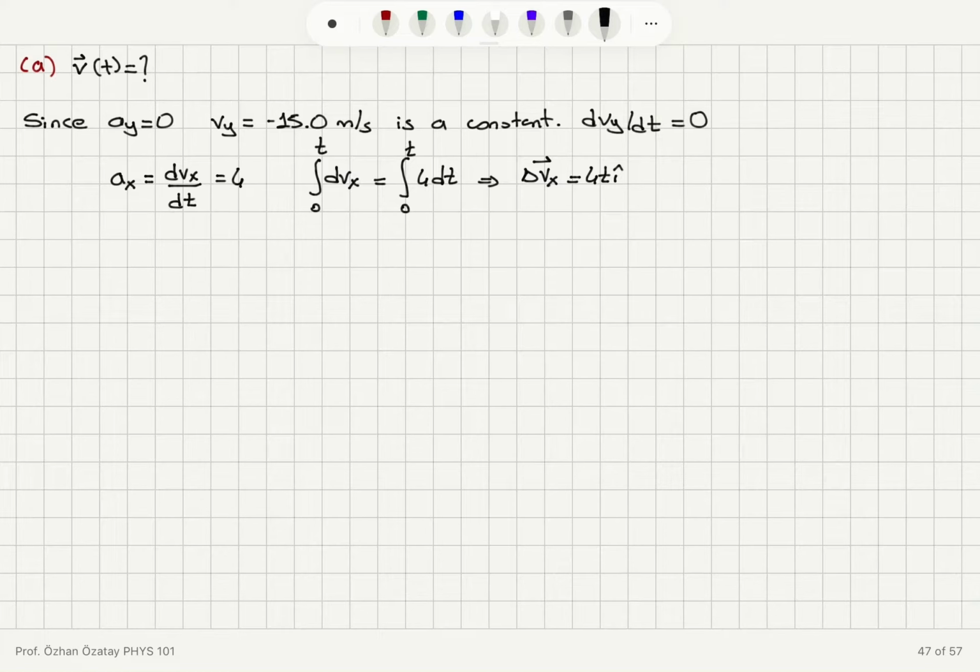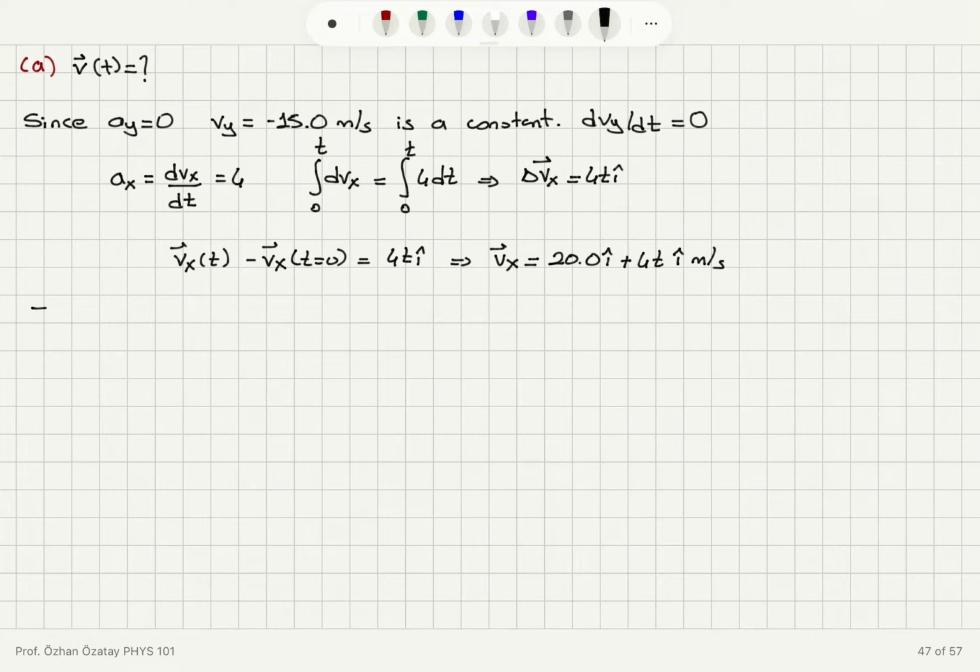So vx at time t minus vx at t equals 0 is 4t i hat. Then my vx vector will be the initial velocity 20.0 i hat plus 4t i hat, meters per second.